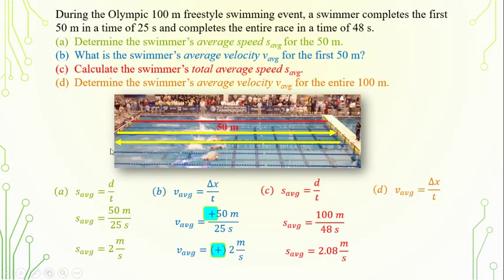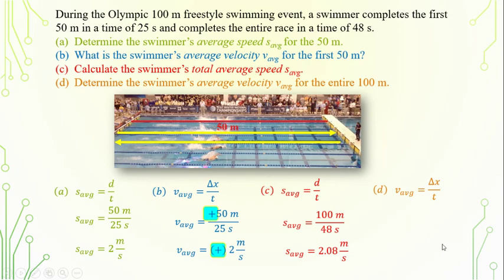The displacement would simply be 0 because the swimmer started from the left side of the screen, swam 50 meters to the right side of the screen, hit the wall and turned all the way back to where he or she started. Because you started on the left side and then swam back to your starting point, you came back to the same position. You really haven't changed any position, so your displacement in this case would just be 0.